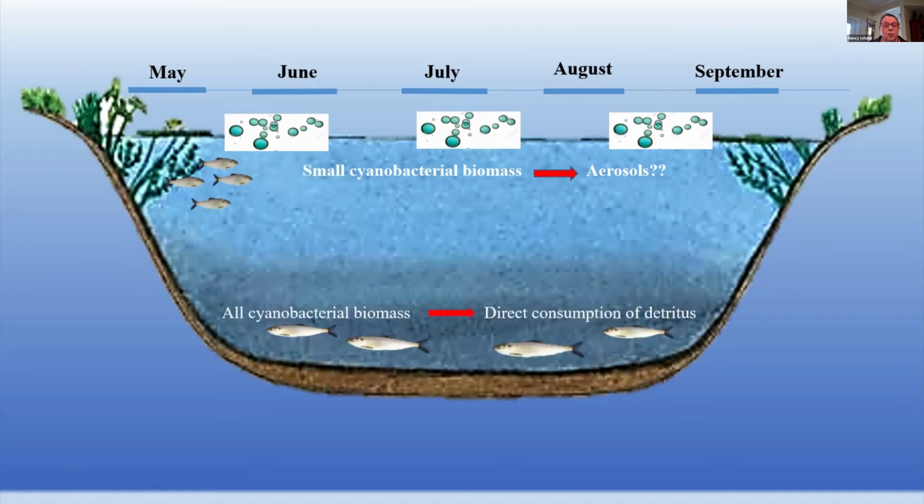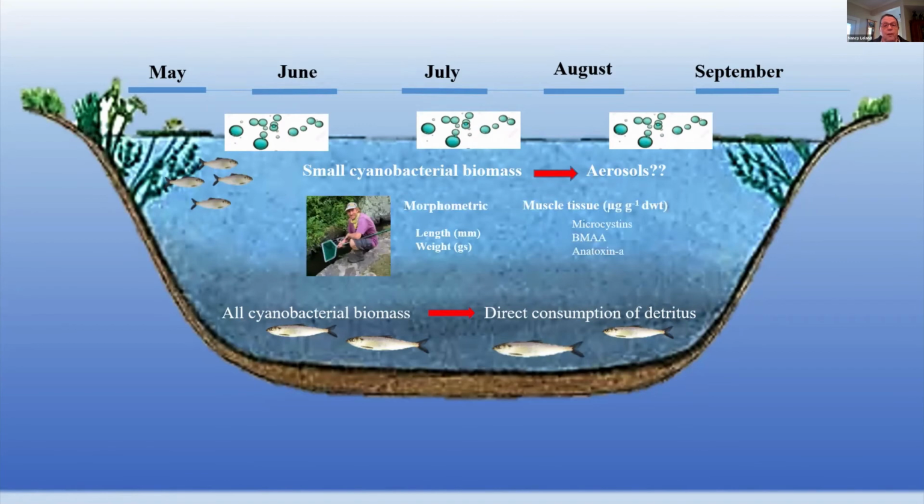We also wanted to know what was happening with these alewife in terms of change in their feeding strategy and that they were feeding off of the benthos. So we did some collections, and we took our length and weight measurements of our specimens of our juvenile alewife. And we also looked at their muscle tissue to see if they were bioaccumulating any of the cyanotoxins.